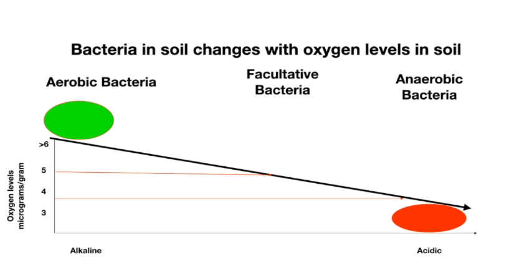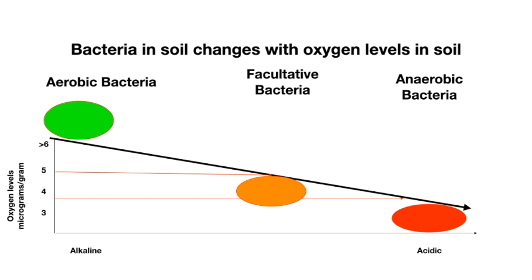And then we also mentioned the facultative bacteria, that group in the middle that exist in the zone between the aerobic and the anaerobic, in an area between 4 to 5 micrograms of oxygen per gram. They have to work harder than others as they need to produce enzymes for both aerobic and anaerobic conditions.